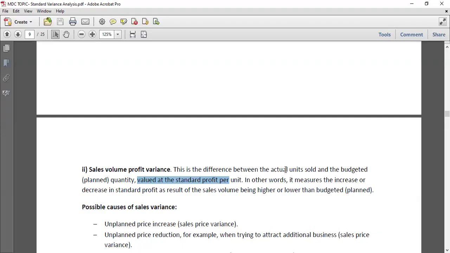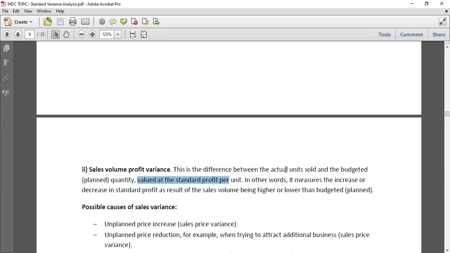The difference between 1,000 and 600 gives me 400. The 400 should be multiplied by the standard profit per unit, which would already be given to you.